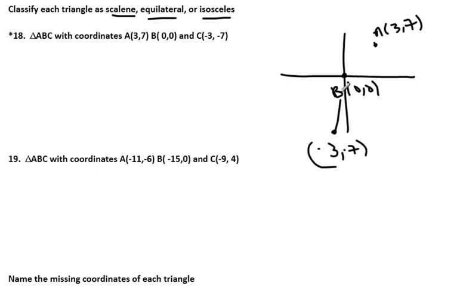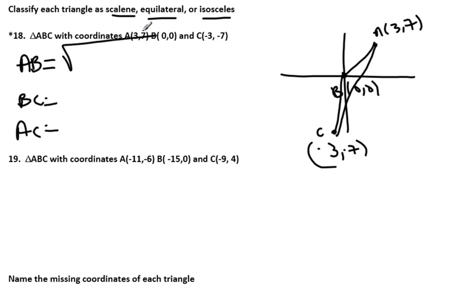So it's going to look like this. Now in order to determine what kind of triangle it is, I have to find the length of each side. I can find AB using the distance formula, I can find BC using the distance formula, and I can find AC using the distance formula.